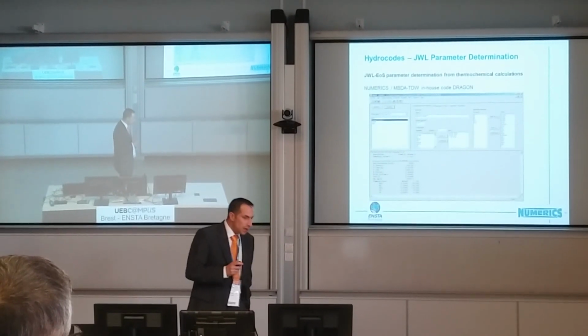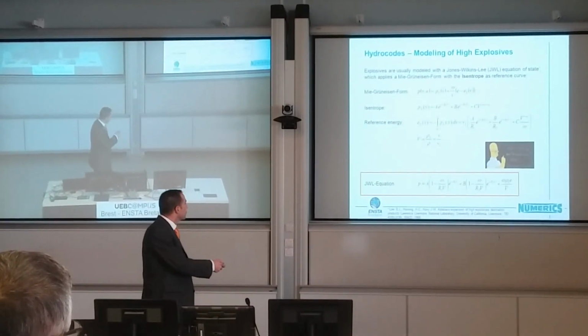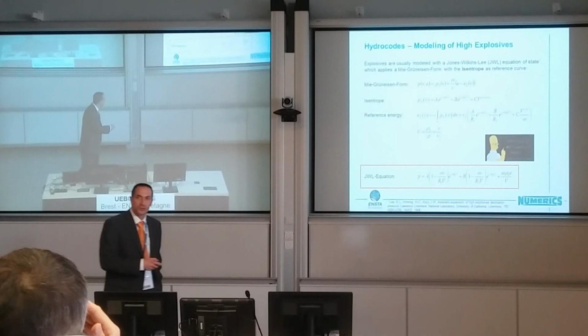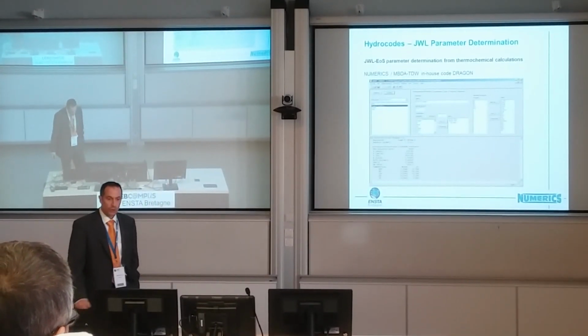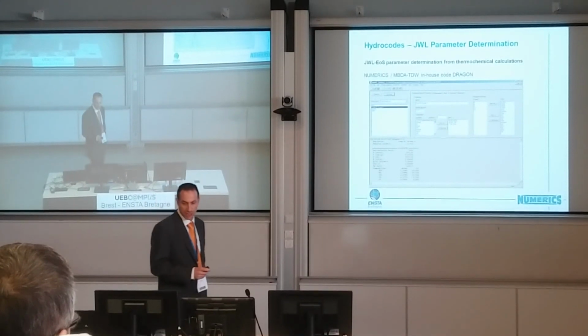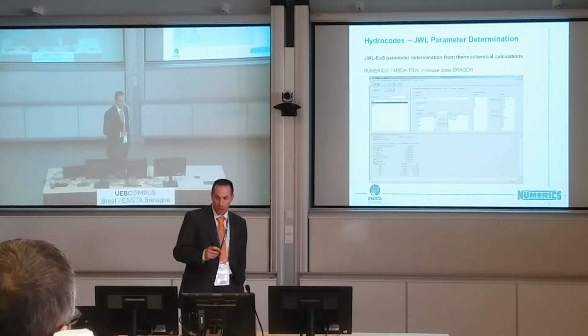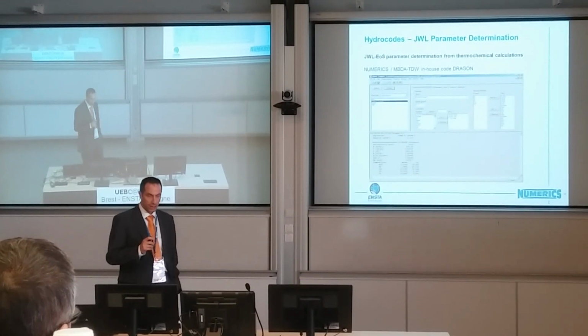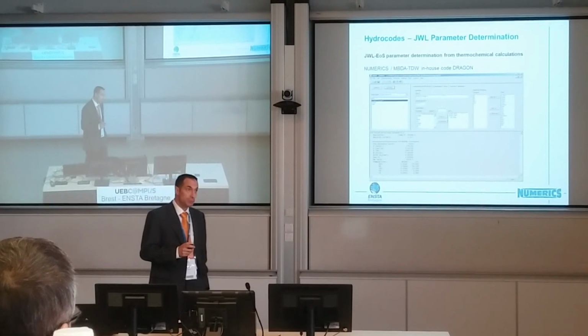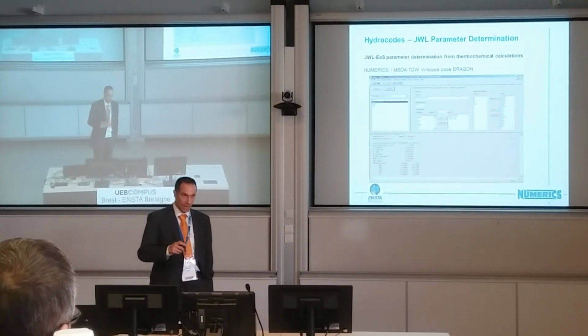The question now is, where do we get the respective parameters, these five parameters, from? This is usually done with thermochemical calculations and numerics. We have our in-house code, Dragon, which is relatively simple after we have done all the work for the library.